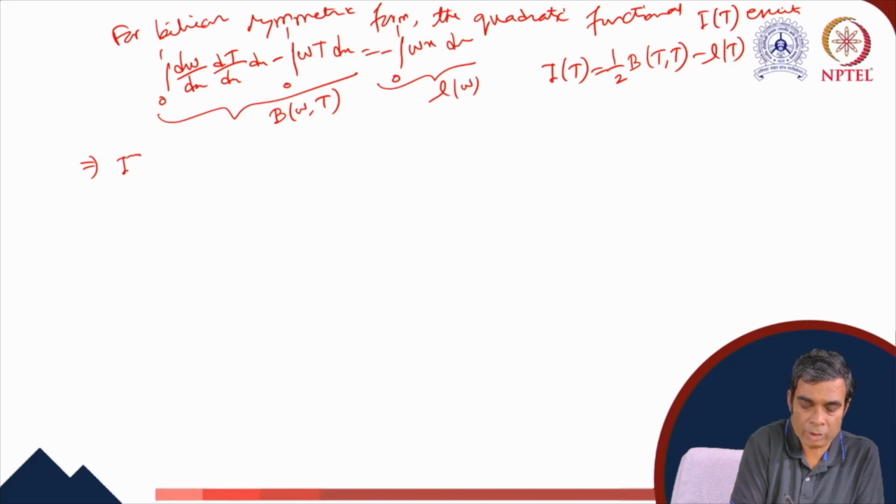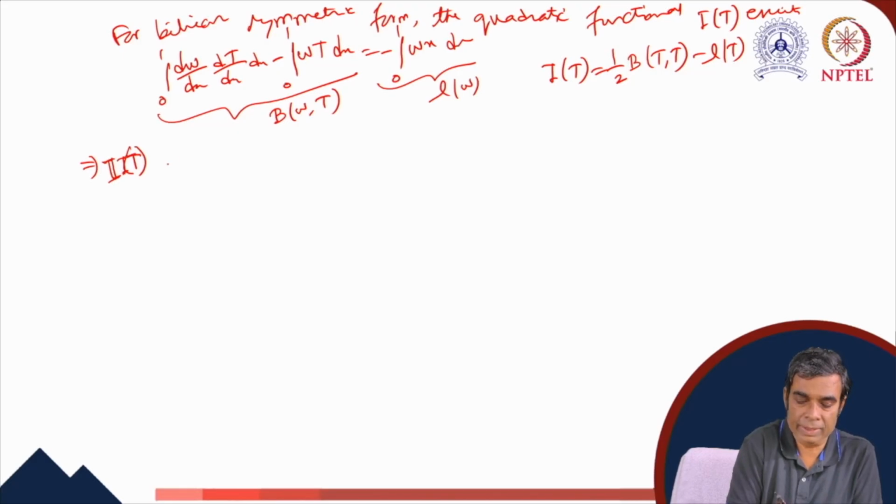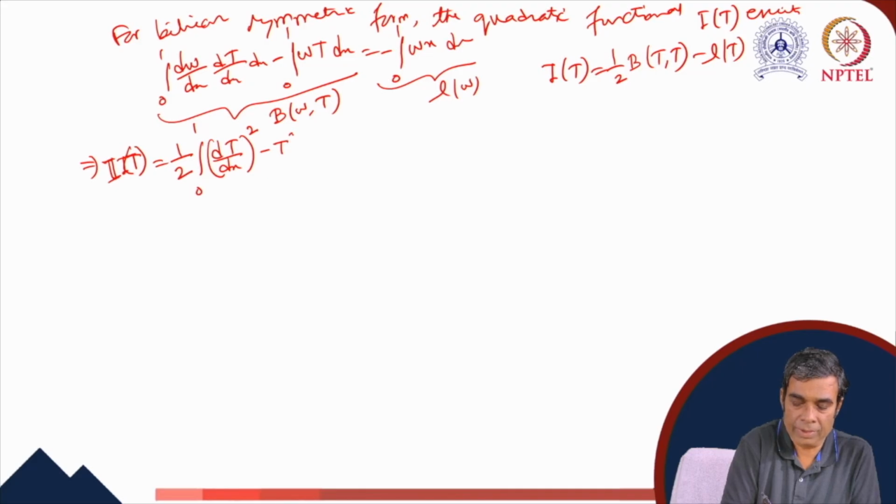So from here we can construct the quadratic functional. Capital I is the quadratic functional operator, and capital T, the argument here, is temperature. So we can write it as half of integral 0 to 1. Now replace w by T, so we get (dT/dx) whole square minus T square dx, and then this half is outside.